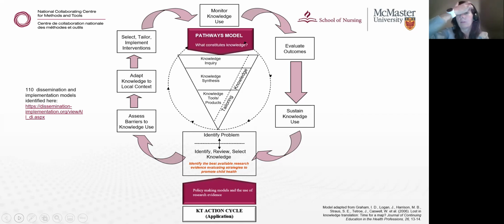I thought, well, this is one model of dissemination, the knowledge to action cycle. But I wondered, how many more models are there? There's this excellent site that you can go to, with the link listed here. We can see on this site that there are 110 dissemination and implementation models that have been identified.